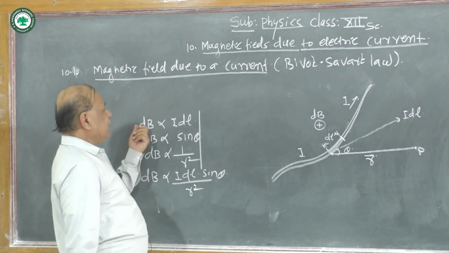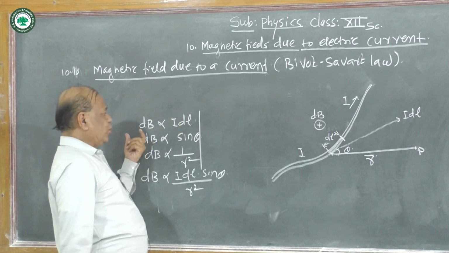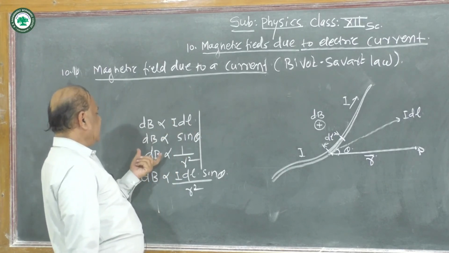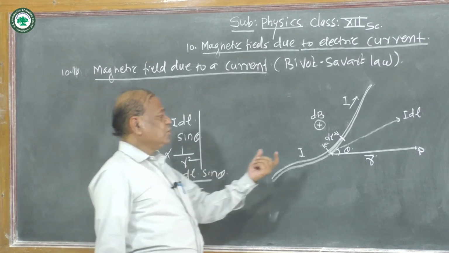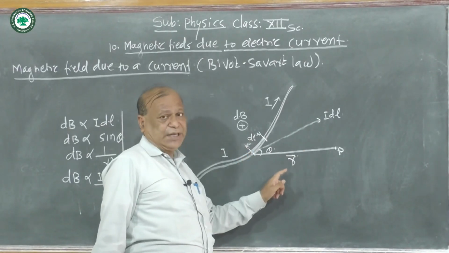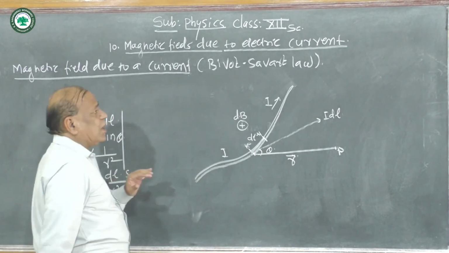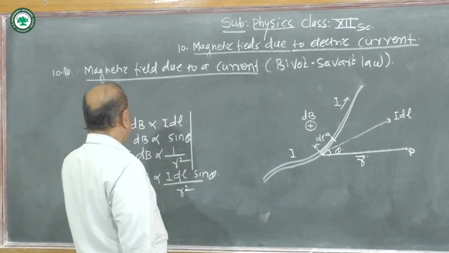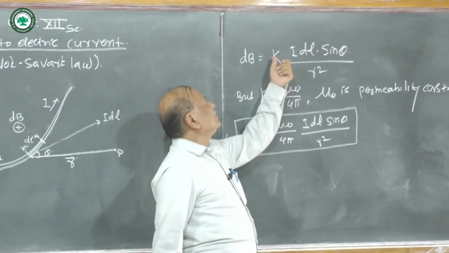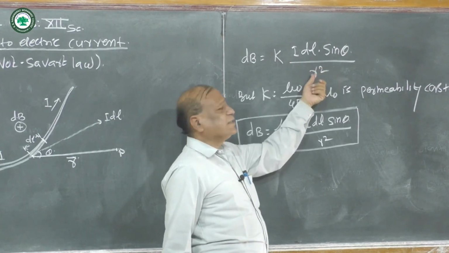The Biot-Savart law shows that the small magnetic field produced by element dl, given by dB, is proportional to the current element, proportional to the sine of angle theta, and inversely proportional to the square of the distance between the point and element dl. Combining these three, dB equals k I dl sin theta divided by r square.